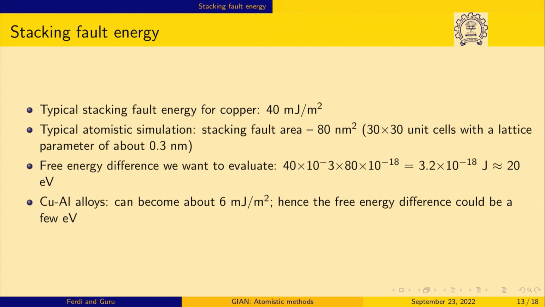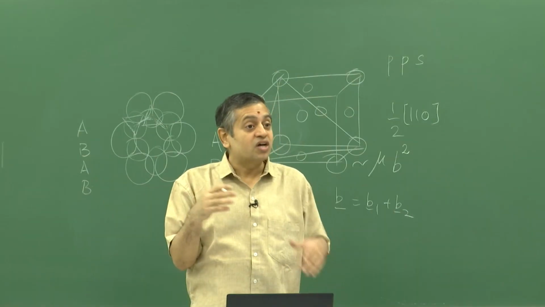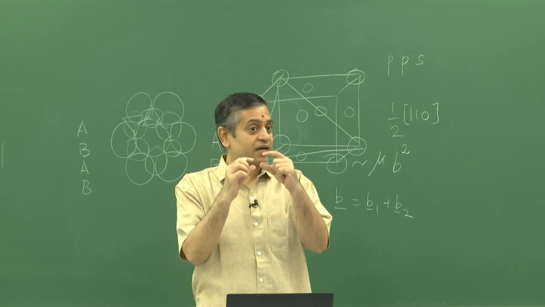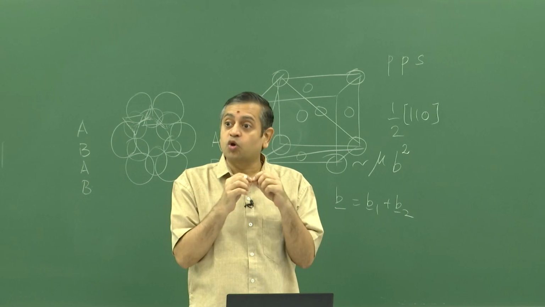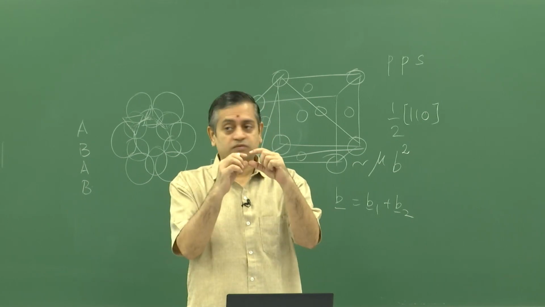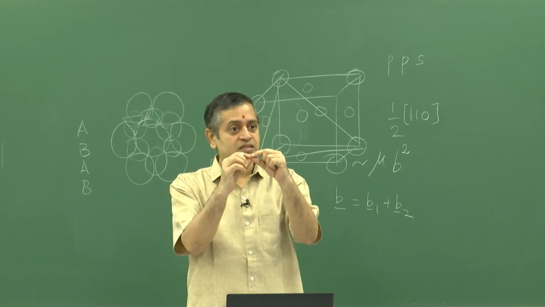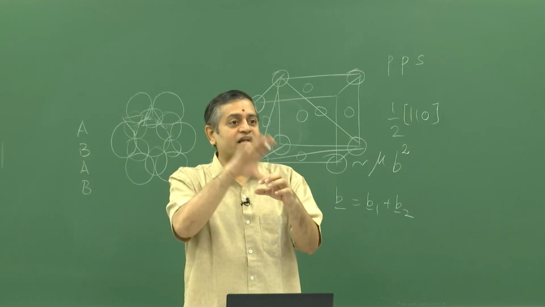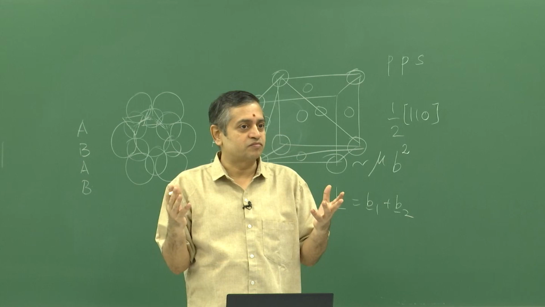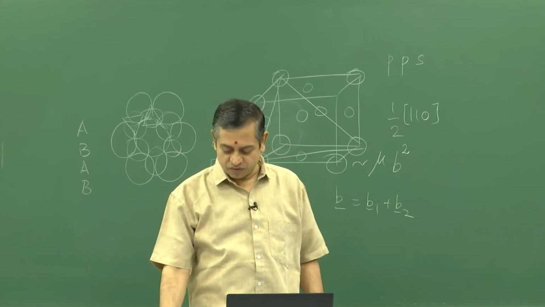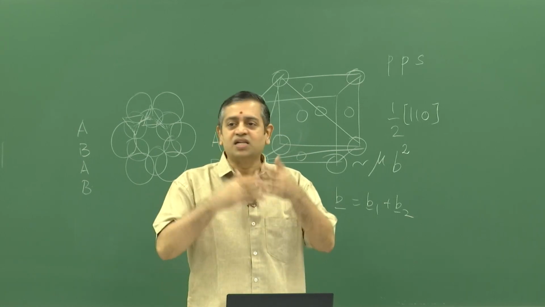What makes it worse is that in the copper aluminum alloys, when you have some composition of aluminum, because of this distribution, to get to that accuracy, to reduce the error bar, you need much more simulation. In the first place the difference is very small, in the second place your error bar is large, because you have a finite system and you are distributing these atoms. So, it has to be done very carefully, otherwise you will get all sorts of numbers.